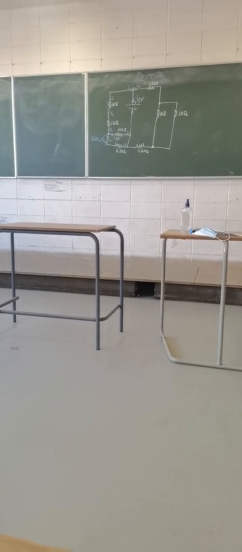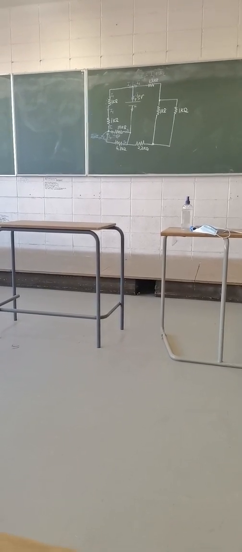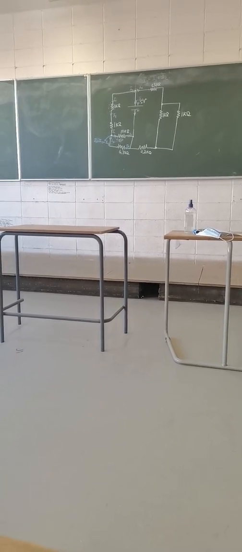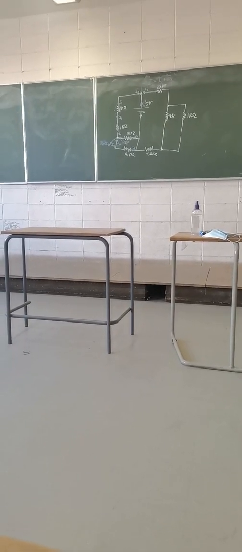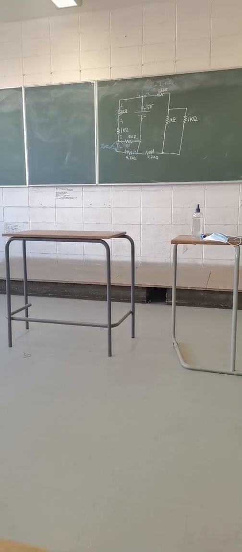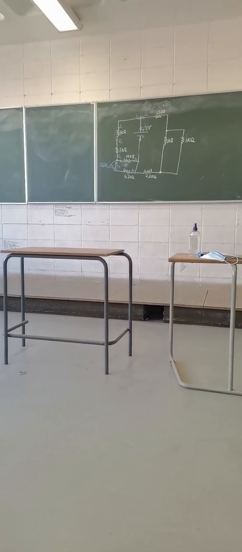Now, can you see the line where I3 and I4 is? Where is that line?